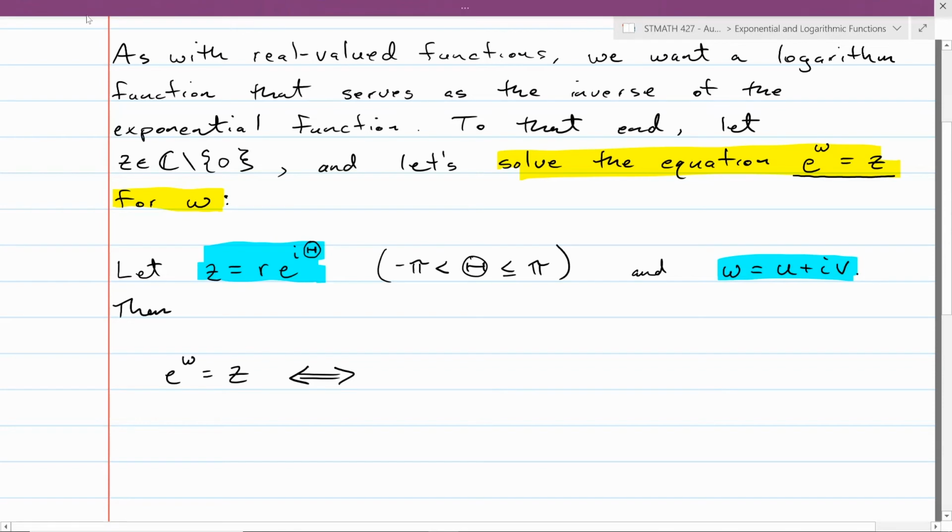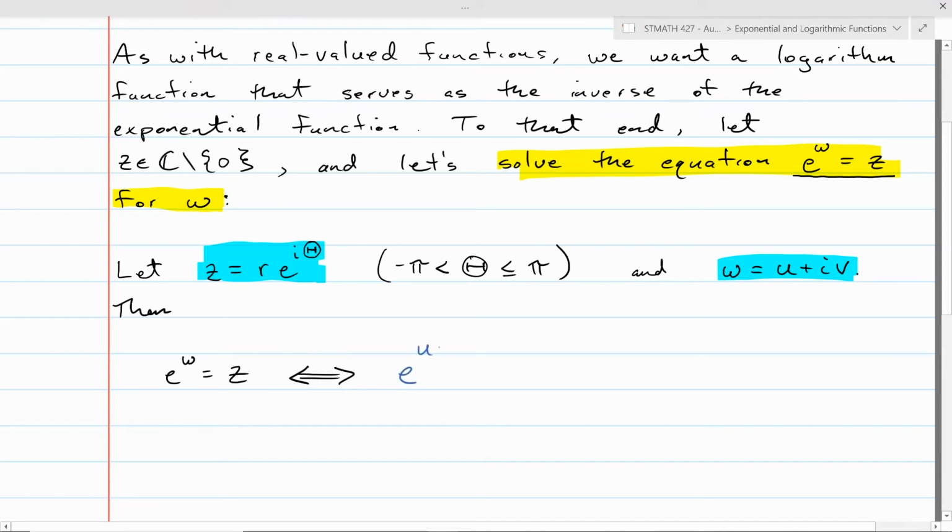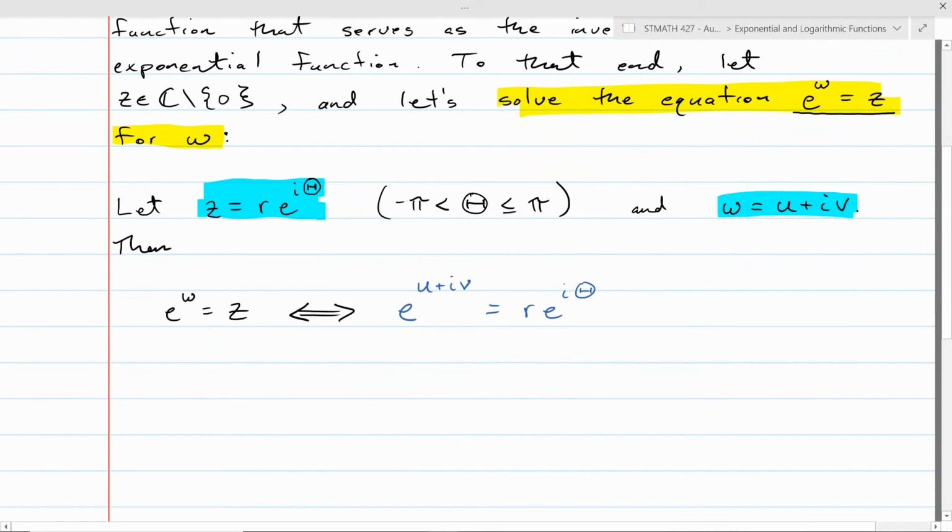So then if we say e to the w equals z, that's the same as saying e to the u plus i times v is equal to z, which is r e to the i times capital theta. And then according to the definition of exponential function, the left-hand side of this last equation is e to the u times e to the iv. That equals r e to the i times capital theta.